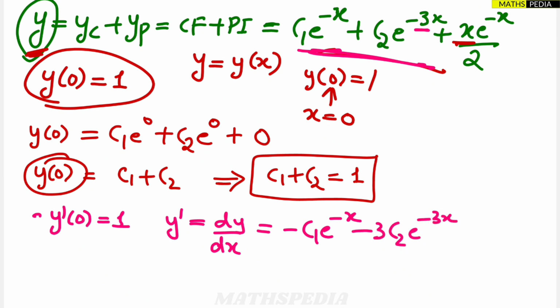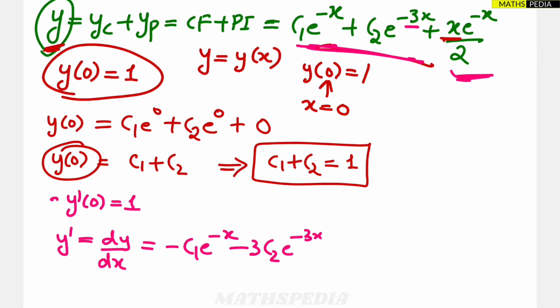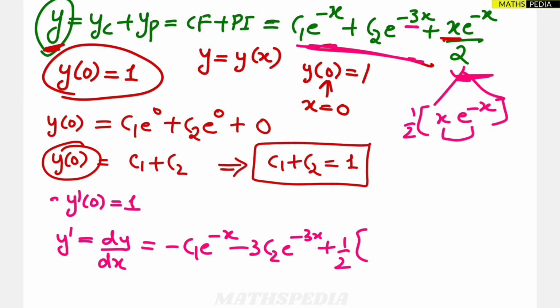Then differentiation of this part: you can take 1 by 2 outside. Inside it will be, so plus 1 by 2 into x e power minus x. This is nothing but the product rule: first into differentiation of second, differentiation of second is minus e power minus x, plus second as it is into differentiation of first, x is 1.